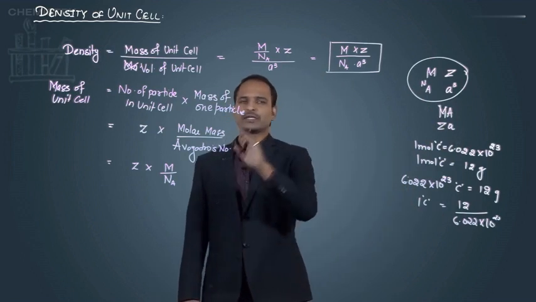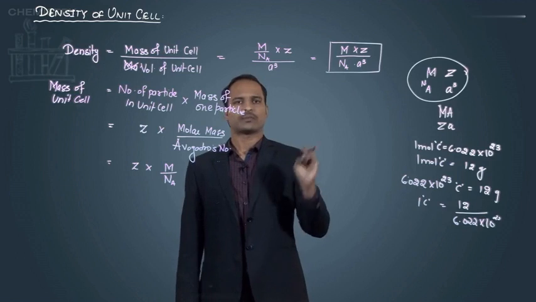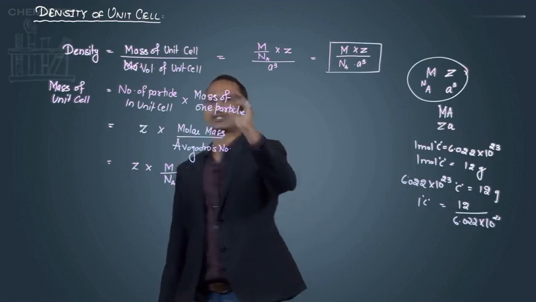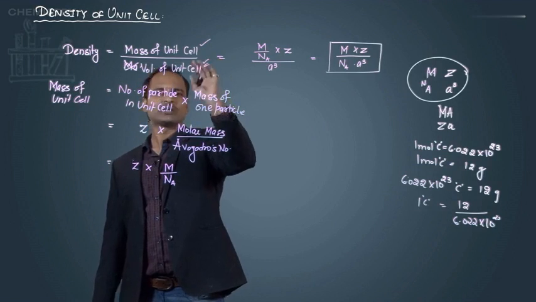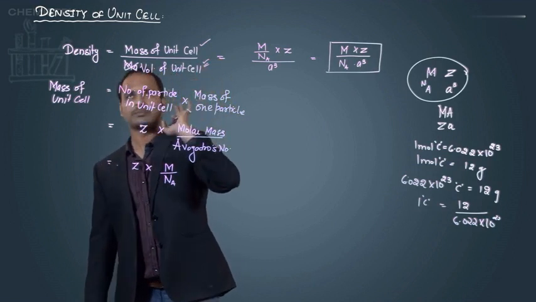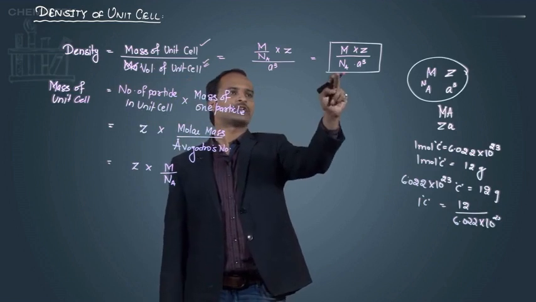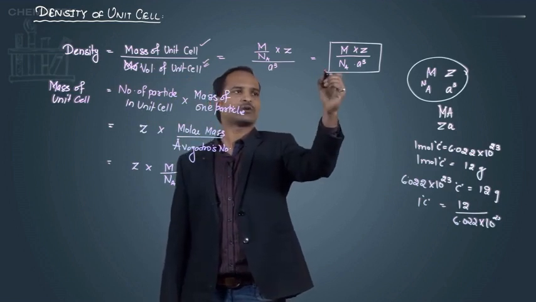So for calculating density, instead of using mass of unit cell upon volume of unit cell directly, if the question is asked from the solid state, then for density you have to use this formula while solving MCQs.